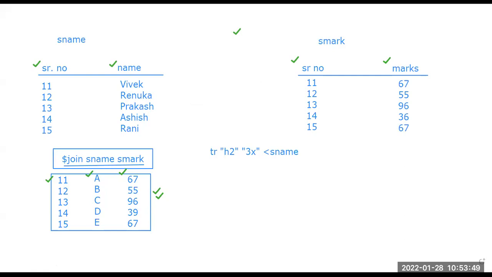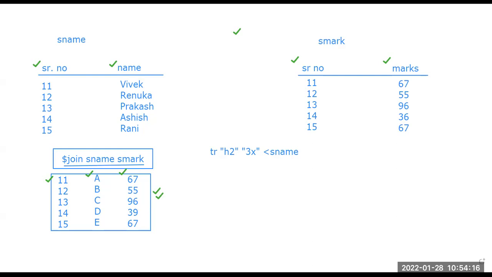Wherever the character h occurs, it will be replaced by 3, and 2 will be replaced by x. So this tr utility is translating specific characters into other specific characters.